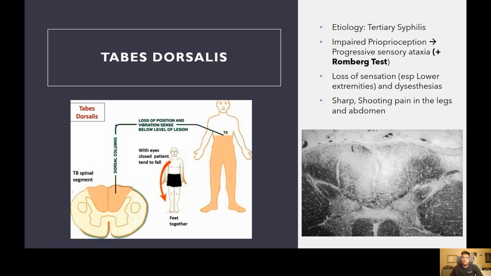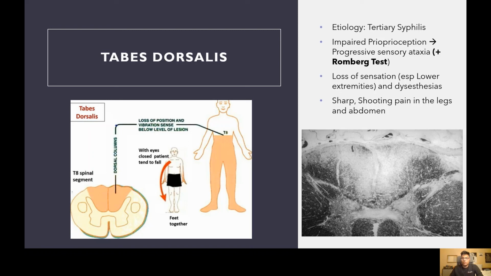And this causes demyelination of the spinal cord, specifically affecting the posterior column. What this causes is impaired proprioception, and this can be seen in a condition called sensory broad-based ataxia, and this can be recognized by performing a test known as the Romberg test.